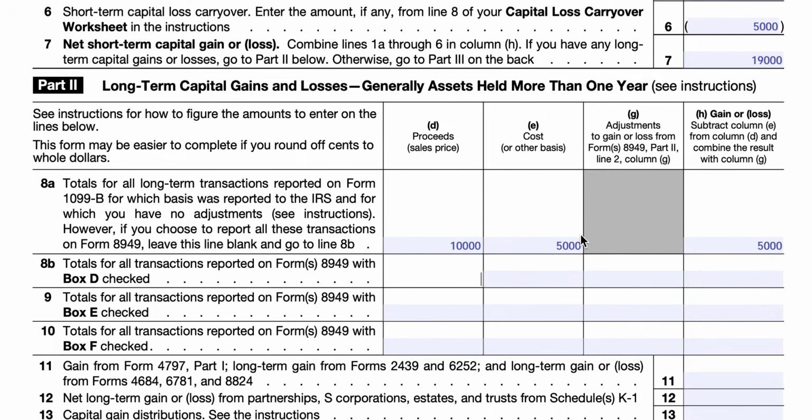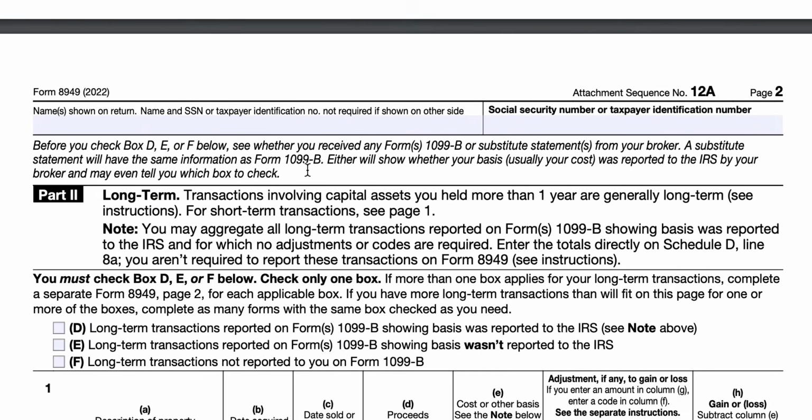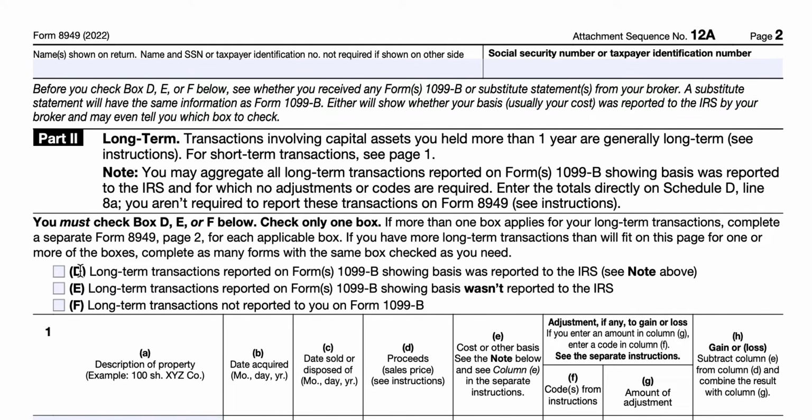Let's say that he had a loss that he reported on Form 8949.